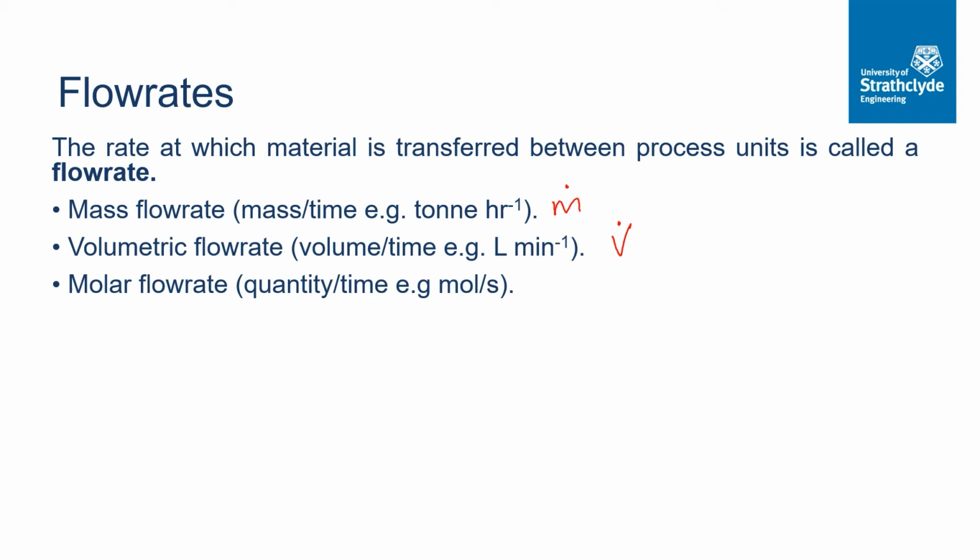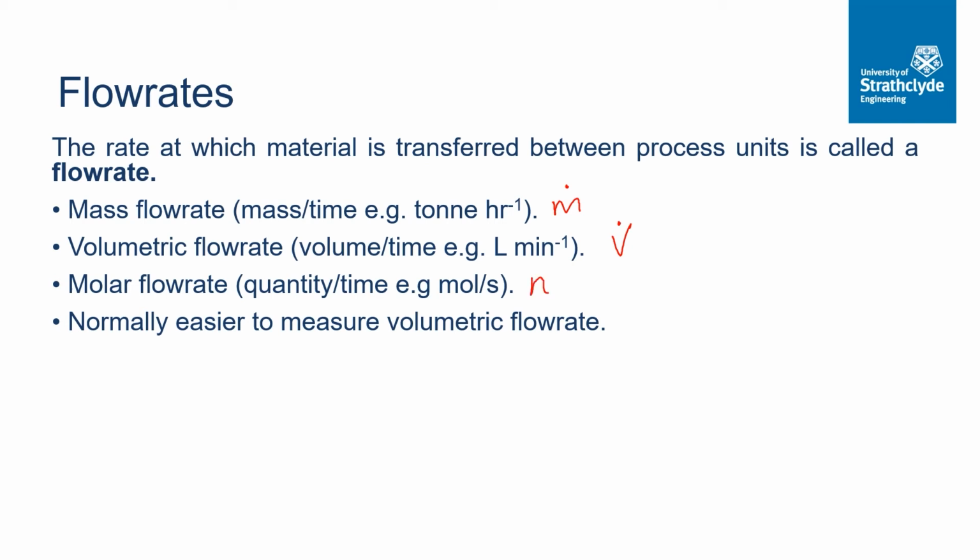And that is, of course, the molar quantity per unit time. So moles per second, pound moles per hour, etc. And the symbol for molar flow rate is N dot.